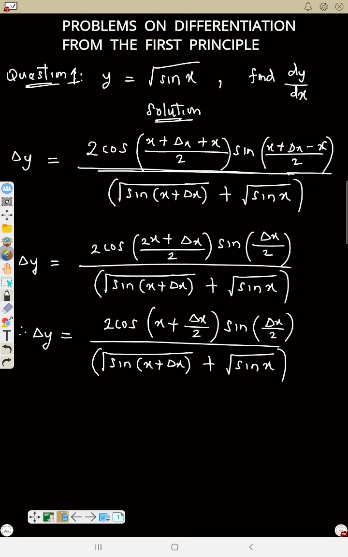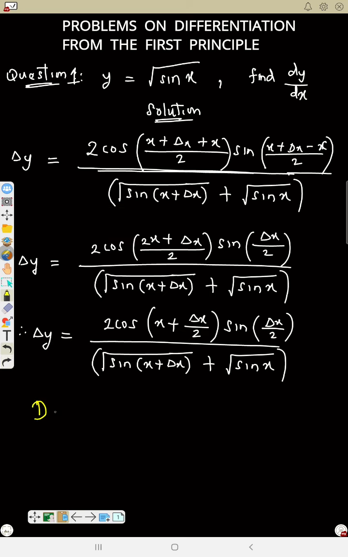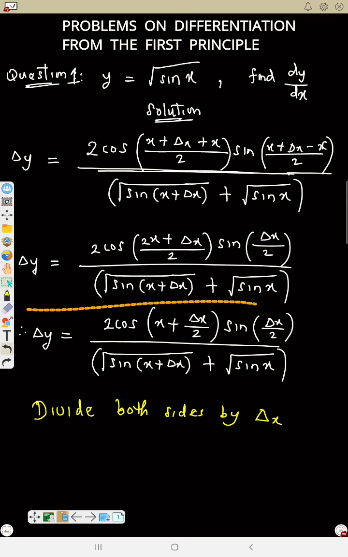So now from here, we will divide both sides by delta x. Divide both sides by delta x. Let me just copy this step.